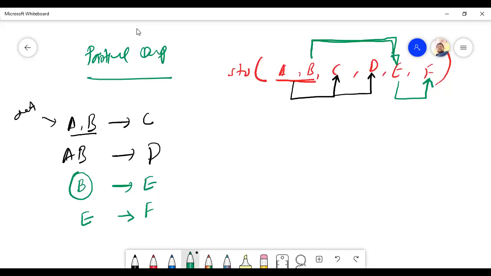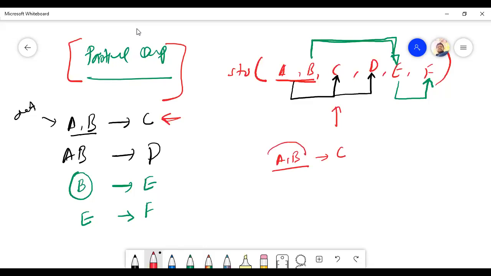Right. Now going to teach you the partial dependency. See, the C. If you take the C, it depends on A comma B. This is composite primary key. We can say the C is depending on both A and B. So we can say fully functionally dependent.